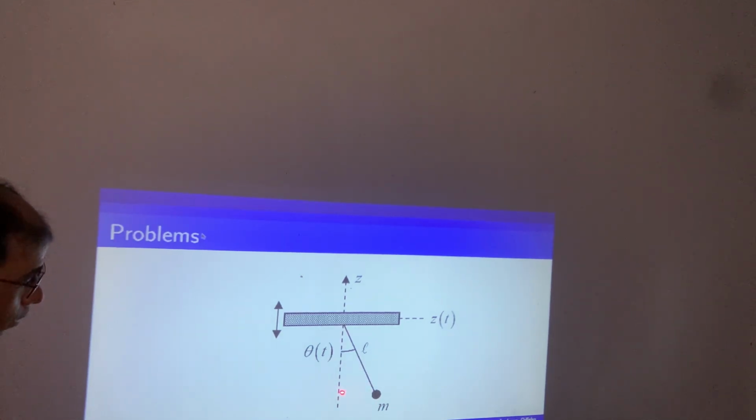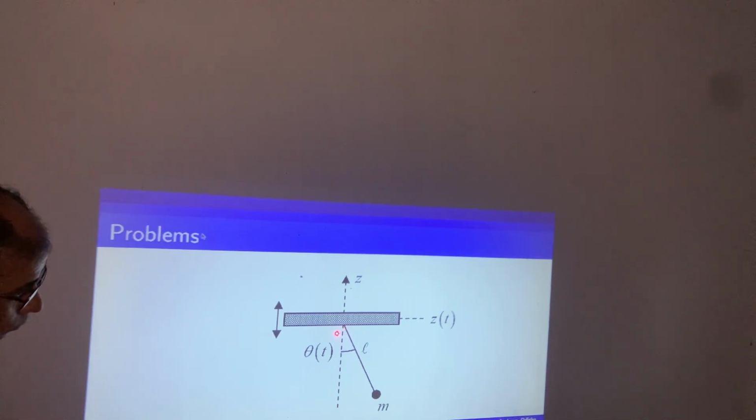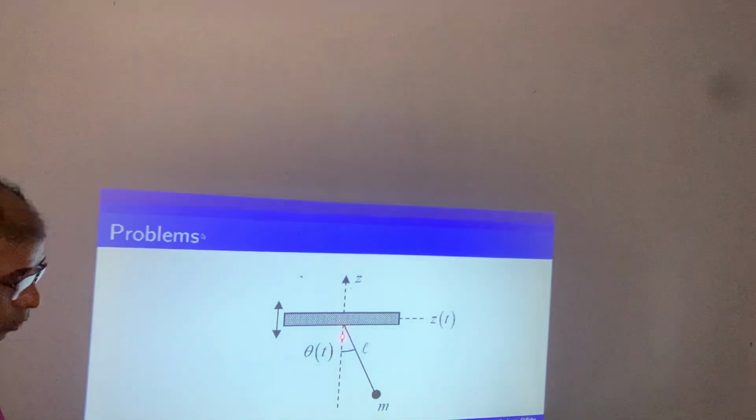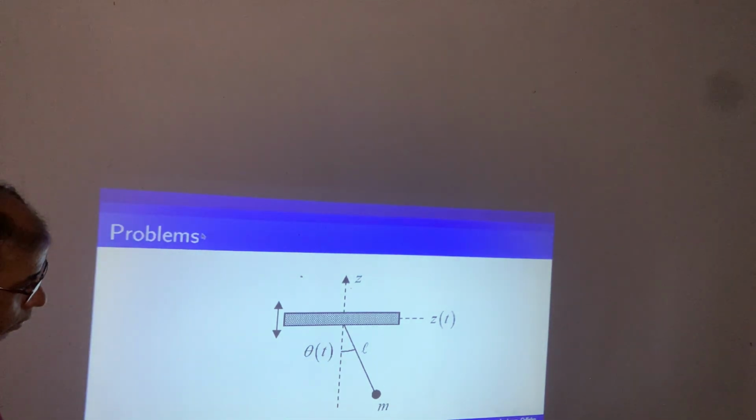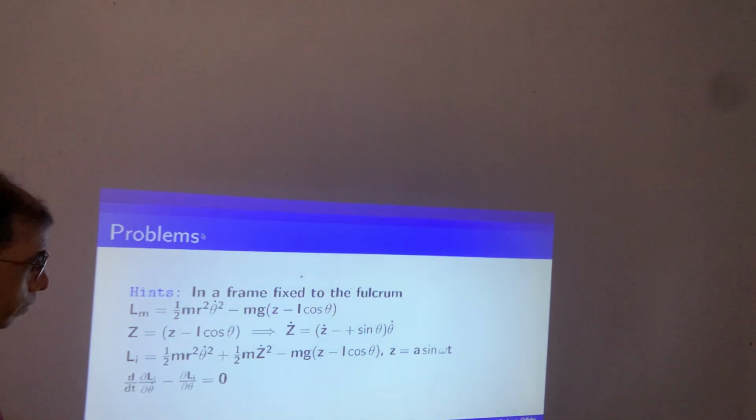The height of the pendulum will be the height of the point of suspension minus this distance, that is z minus L cos theta.